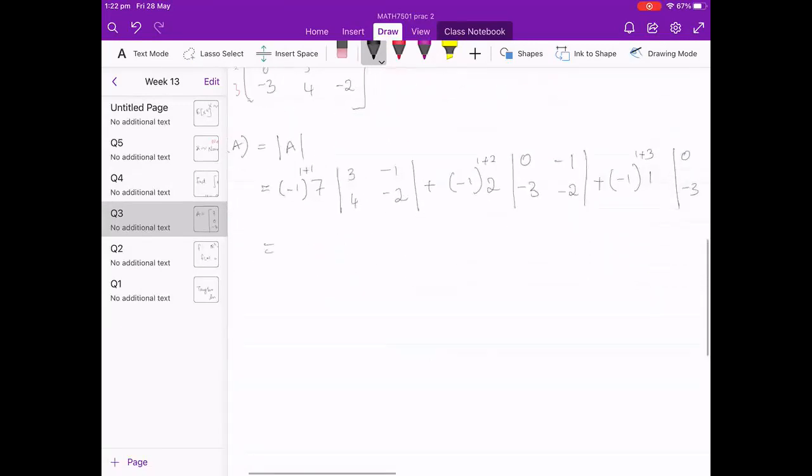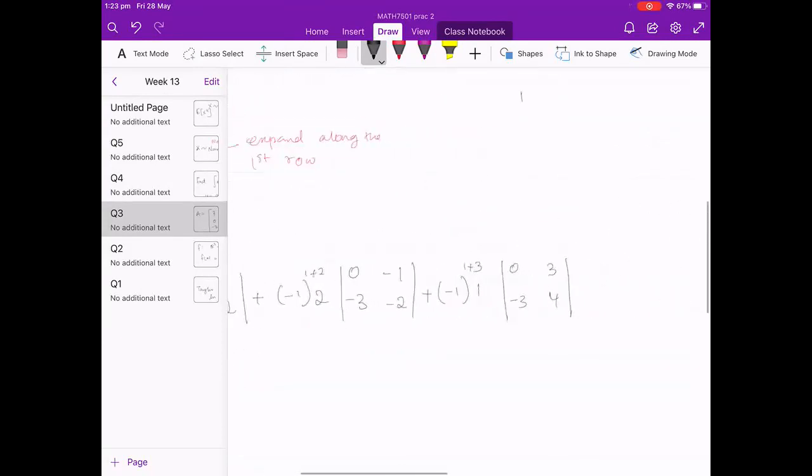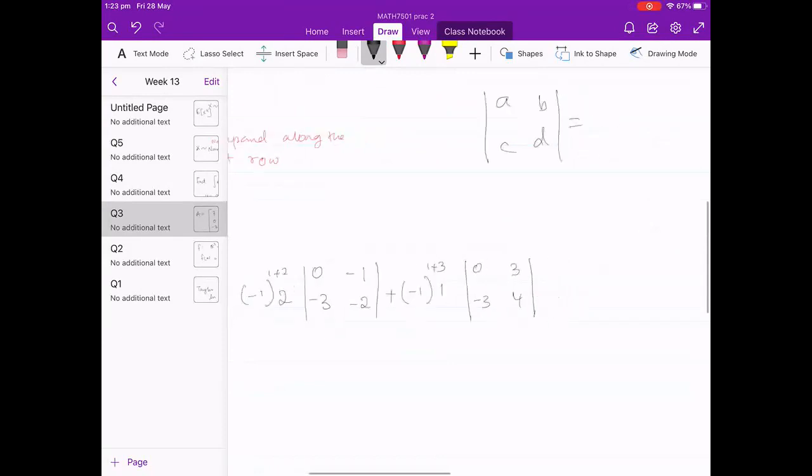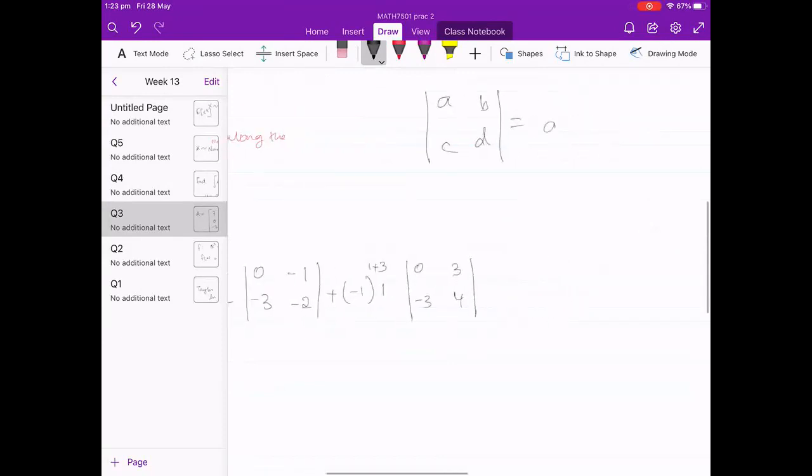Okay. And that is equal to minus 1 to the power 2, which is plus 1, so it's 7 times the determinant of the 2 by 2 matrix. For 2 by 2, you have A, B, C, D. It is AD minus BC.